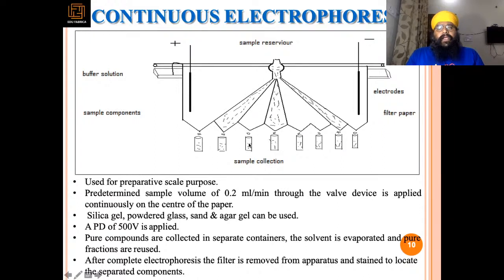This is used for preparative scale purposes. A predetermined sample volume of 0.2 milliliter per minute is applied continuously at the center of the paper. Silica gel, powdered glass and agar gel can be used, and a potential difference of 500 volts is applied. The pure compounds are collected in separate containers, the solvent is evaporated, and pure fractions are reused.